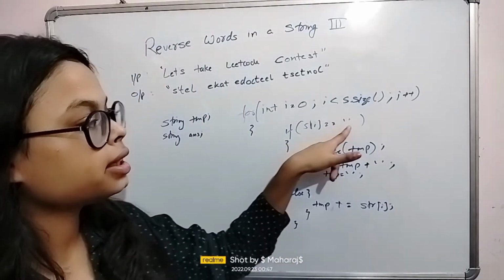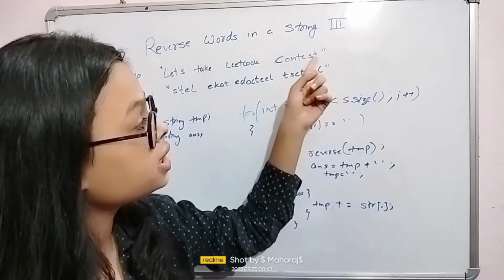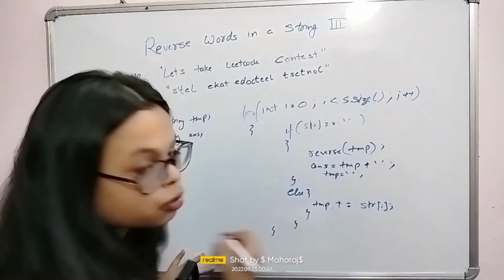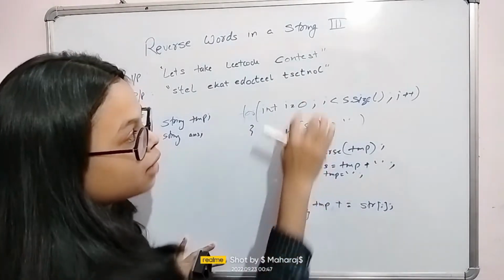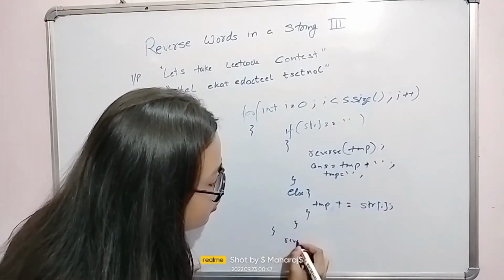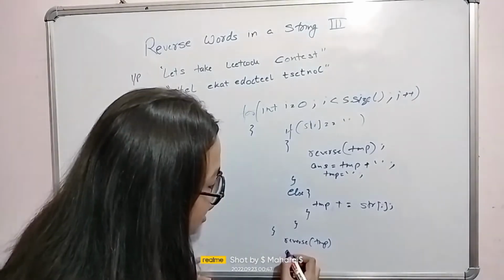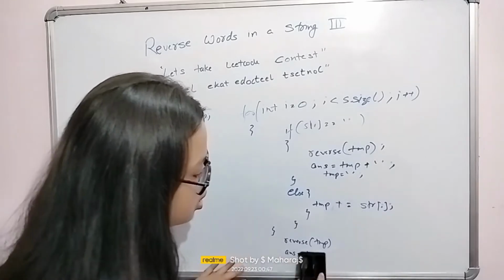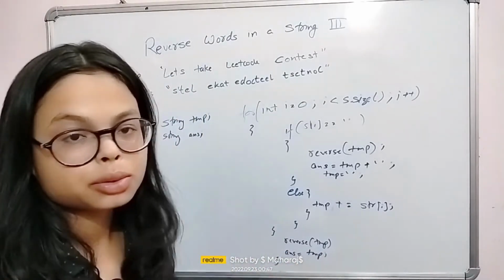We have seen the case for the space, but what if we have reached the end of the string? For that case we'll go out of this for loop, and after the for loop our temporary variable will have this word "contest". So once again we will reverse the temporary variable and then add it to our answer. That's the code.